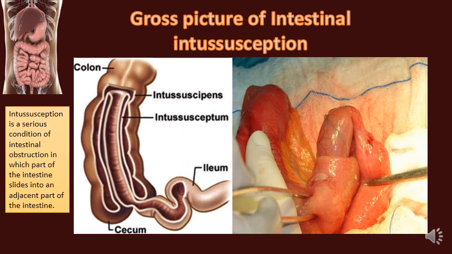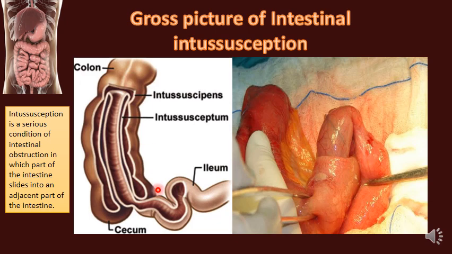The third specimen is called the gross picture of intestinal intussusception. As we know, intussusception is a serious condition of intestinal obstruction in which part of the intestine slides in or goes in another part of the intestine.